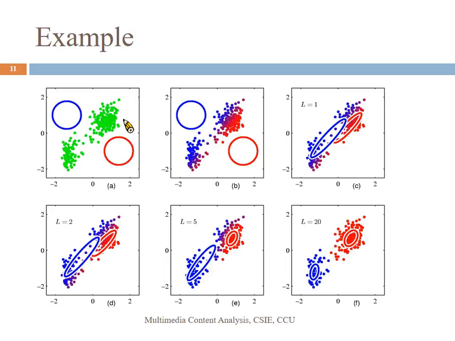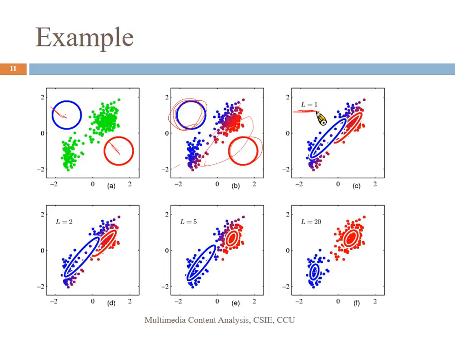So given the data points, initially we just randomly put the Gaussian mean and the variance, as well as the combination coefficient. And so initially this blue Gaussian can describe the data points, and this red Gaussian can describe the data points to some extent.